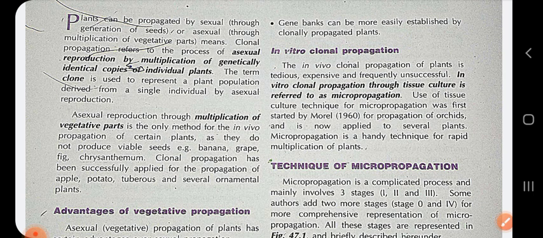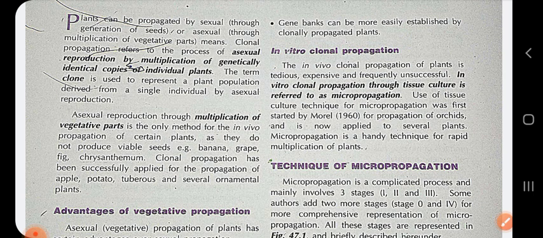So many plants cannot generate viable seeds. Micropropagation is a good way to use those plants, commercially important plants or plants of medicinal value, for generating millions and millions of plants by using their vegetative part as an explant.